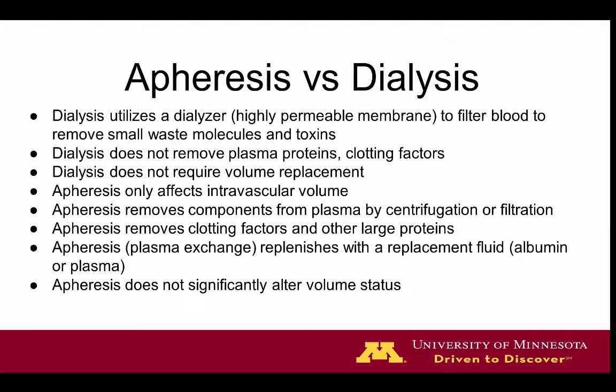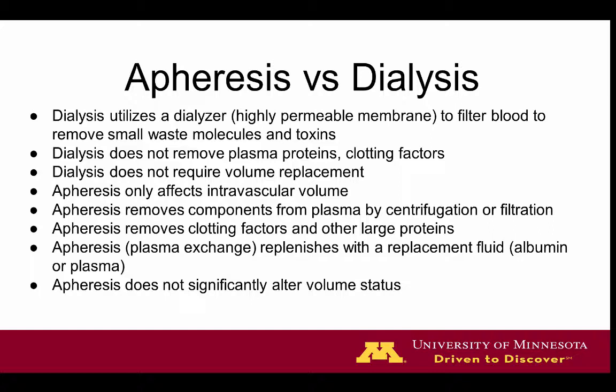So a lot of people seem to think dialysis and apheresis are pretty similar, and especially since some medical centers have nephrologists managing apheresis, there are some similarities, but there are some differences as well. Dialysis uses filtration with a permeable membrane to specifically get at smaller waste molecules and toxins.